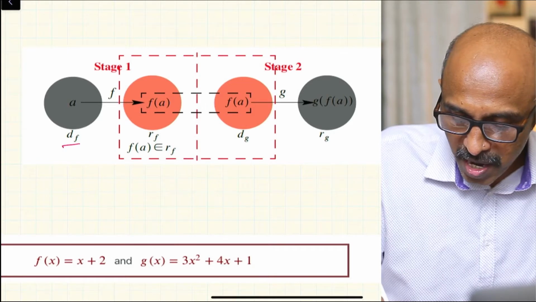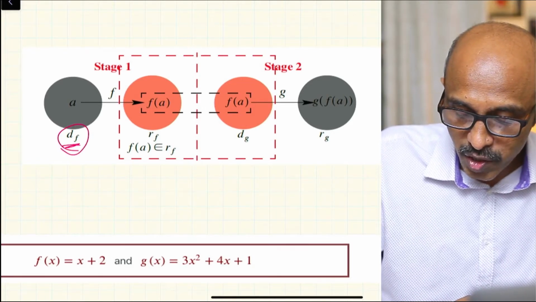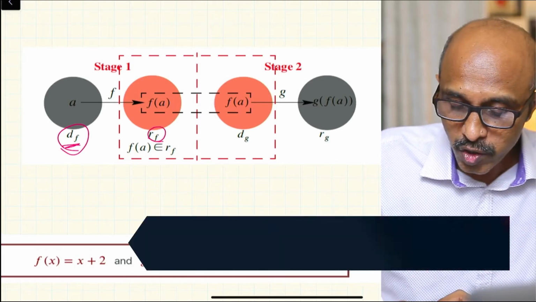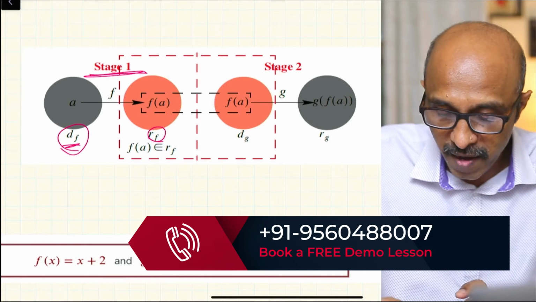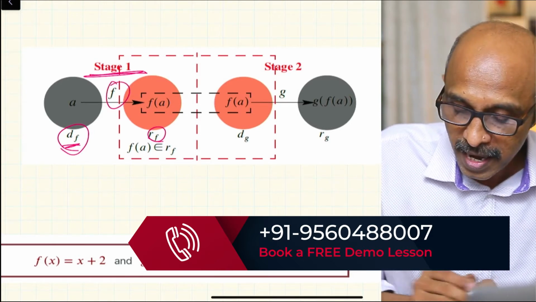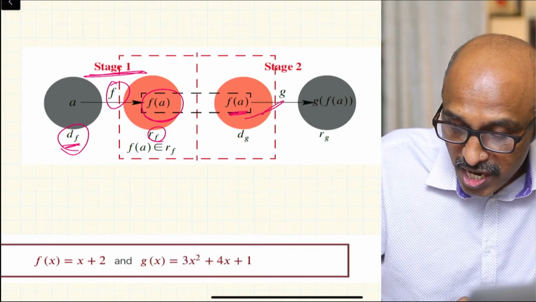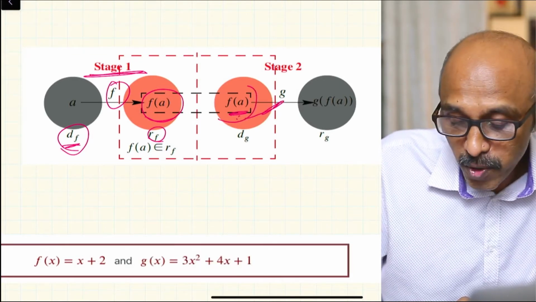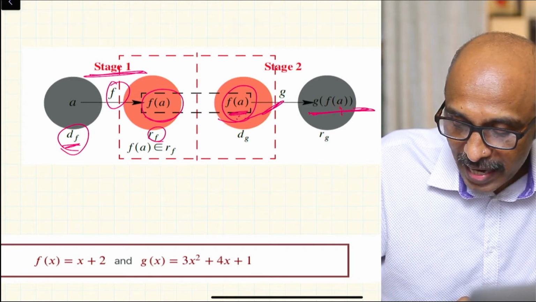So that's the domain or the input of f, and this is the range of f or the output of f. So the first stage is the first step, f being the first function. Then the output of f is what gets used by g. G acts on the output of f to form g of f at that input.